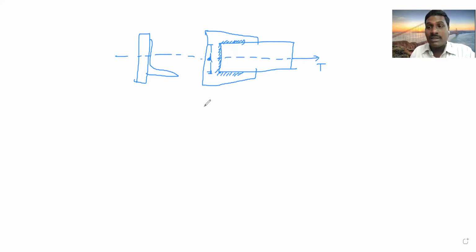One of our friends told me LW is equal to L1 plus L2. It's the correct answer because I had not welded here. So weld here. So this is L1, this is L2.